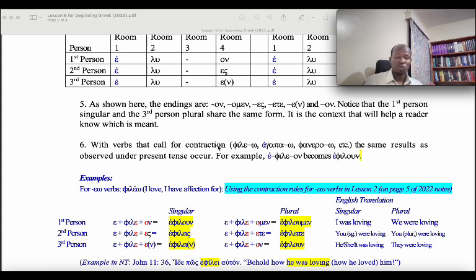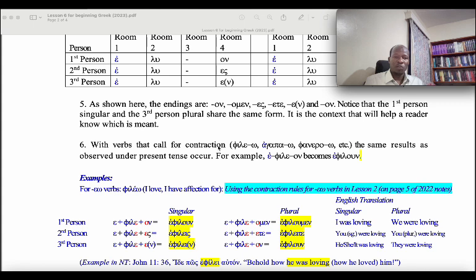If a verb's stem ends with an epsilon or an alpha or an omicron, and you add to it the tense former or the sign of tense, or prefix or infix, there will be some kind of change, and that's the rule.